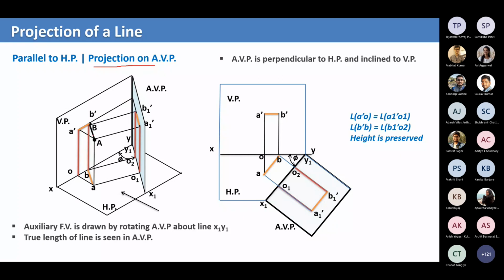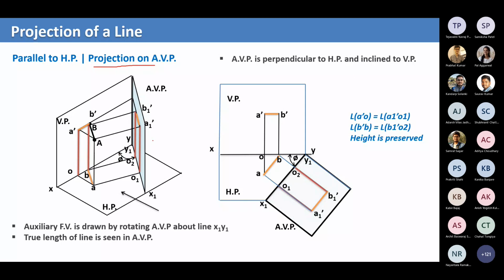We want to get the actual angles the line is making with respect to the horizontal plane or vertical plane, or the actual length of the line. These are objectives which we can't get from only front view and top view. We'll see that example. That's why I brought up the auxiliary plane.